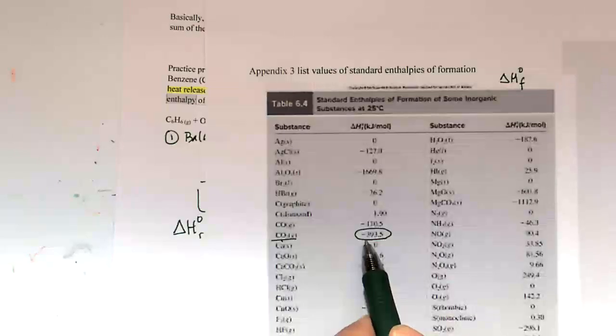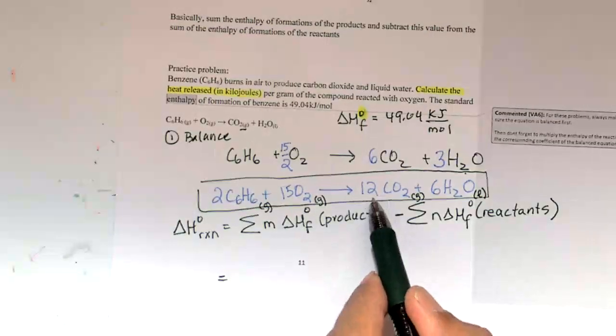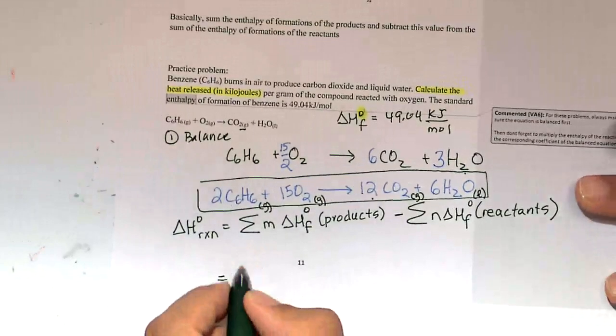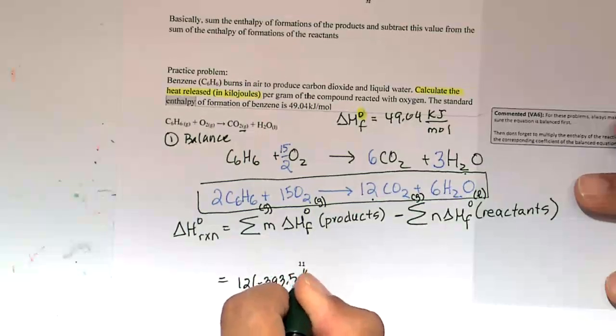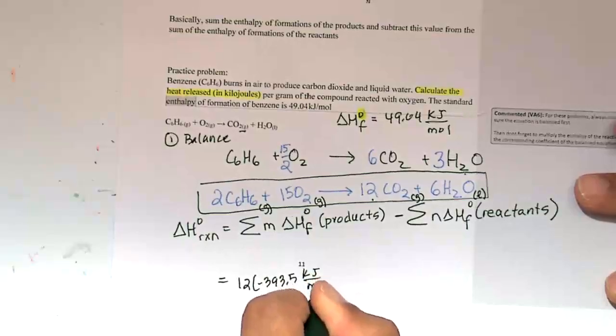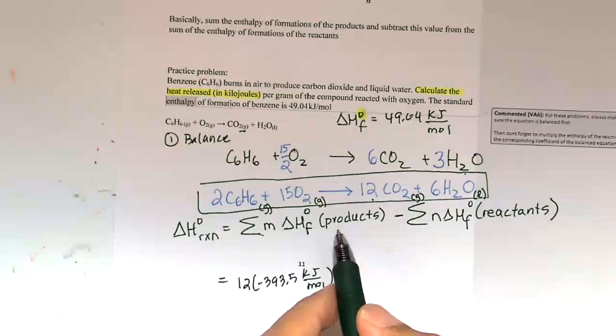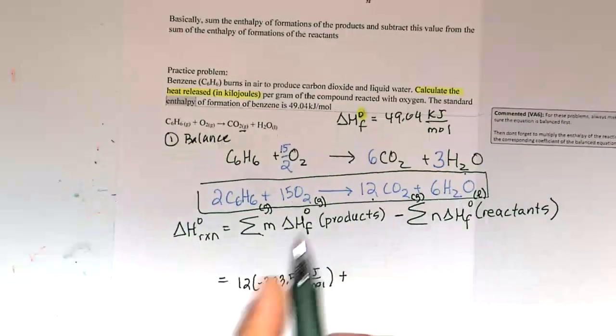So we look up CO2 gas, minus 393.5. That's for 1 mole. How many moles do we have? 12. So we've got to multiply this by 12 kilojoules per mole.